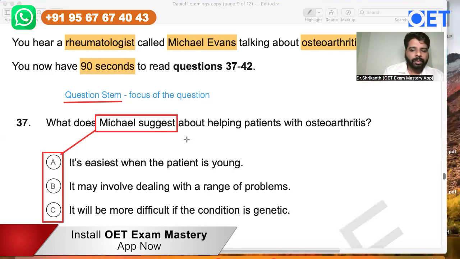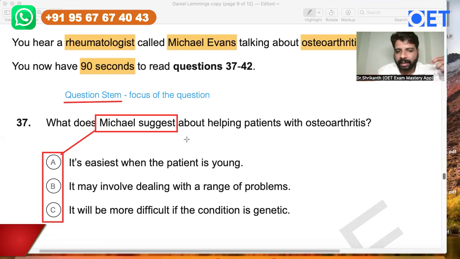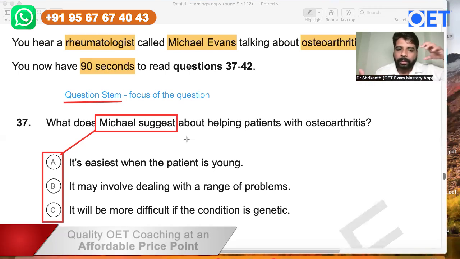First and foremost, you have to understand this is an inference type question. The answer will not be directly stated. It is going to be implied, and you have to think from the perspective of the speaker. Your duty is to find the suggestion made by Michael.